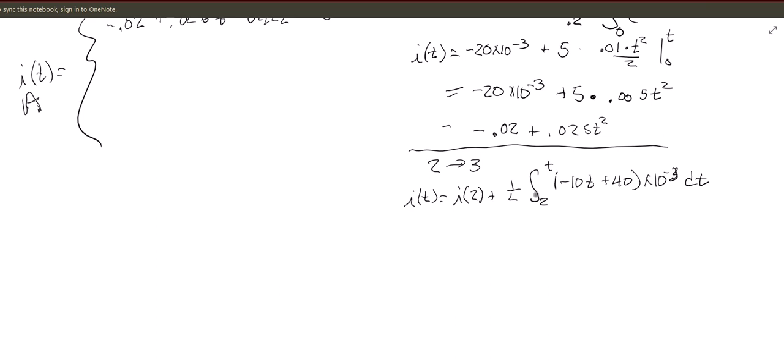And I'll take that 10 to the negative 3 out. But first I have to figure out what I of 2 is.